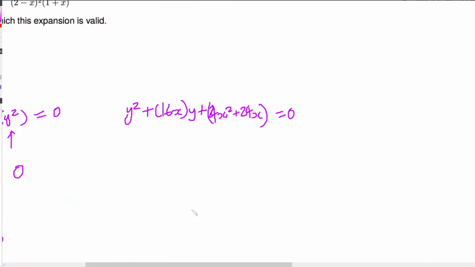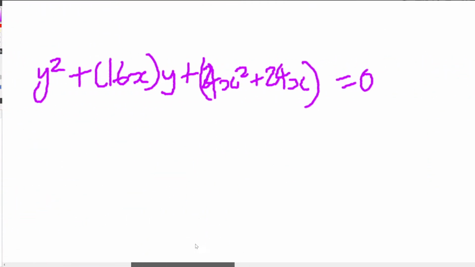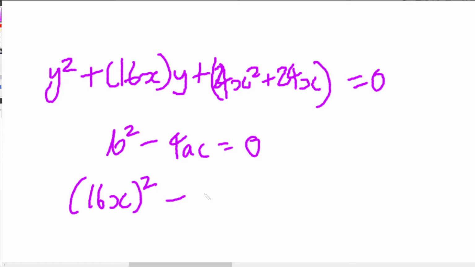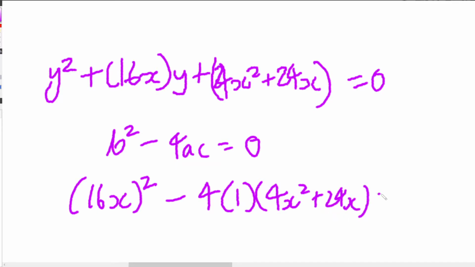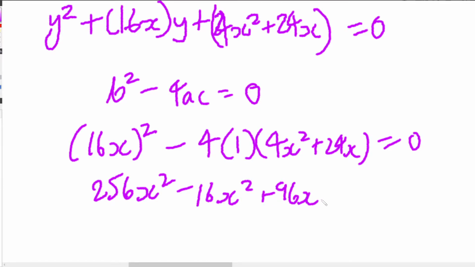And just like before, we expect the discriminant of this quadratic equation to be 0, so we get b squared minus 4ac equals 0, or 16x squared minus 4 times 1 times 4x squared plus 24x is equal to 0, or in other words, 256x squared minus 16x squared plus 96x is equal to 0.